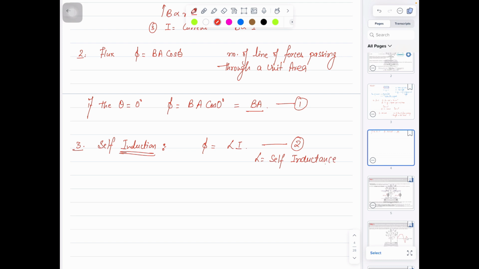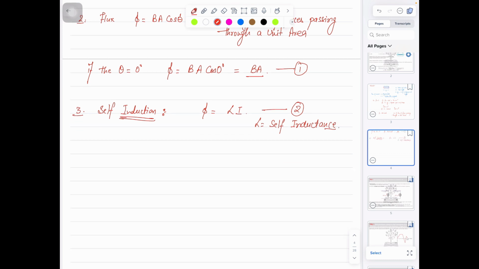We will learn about the properties also. First we need to understand the formula. So can I say flux is equal to B A, which is equal to L I.